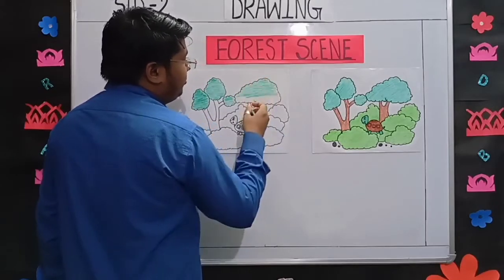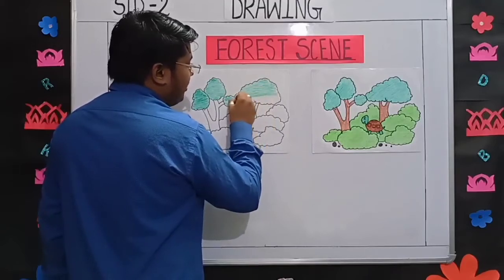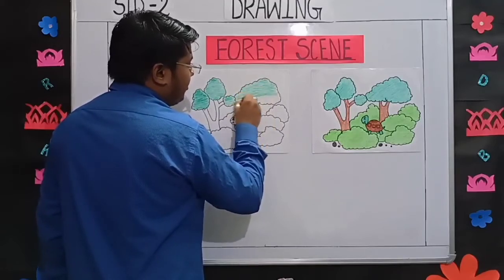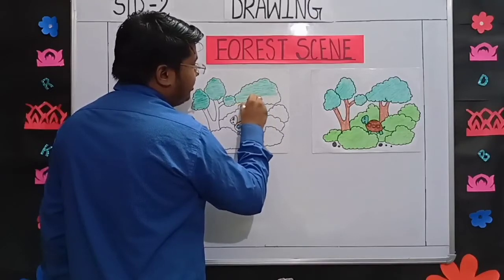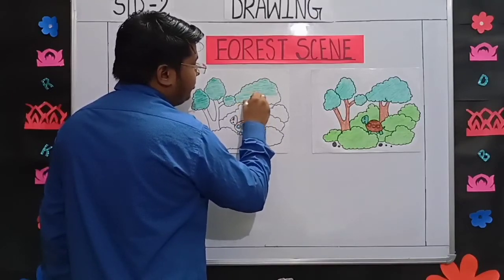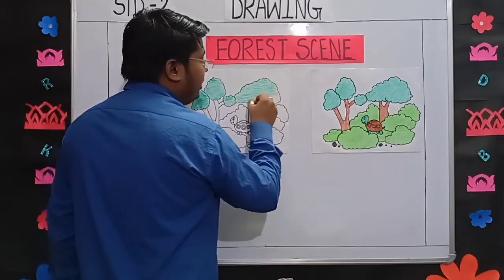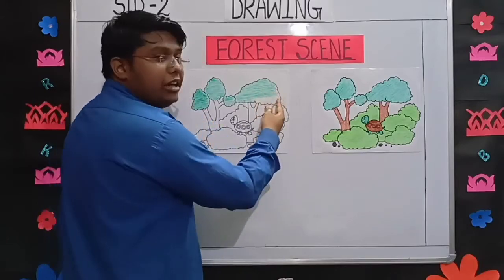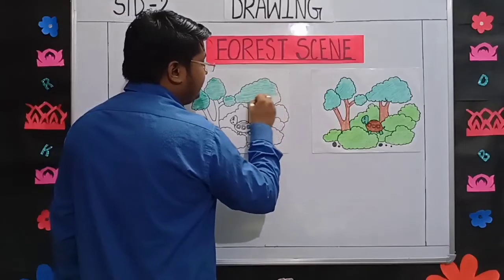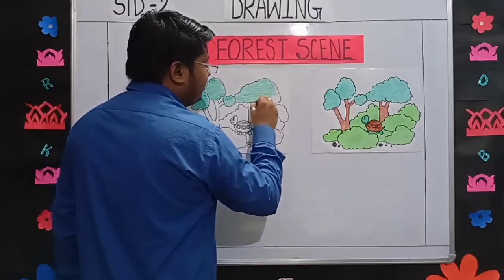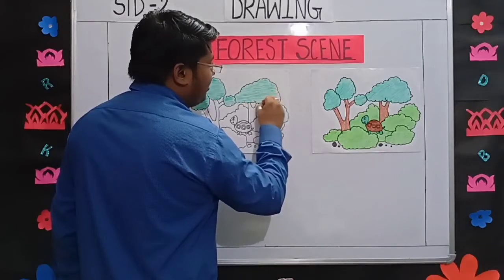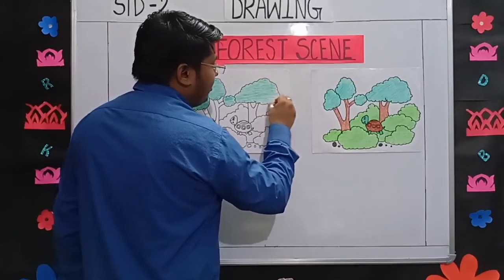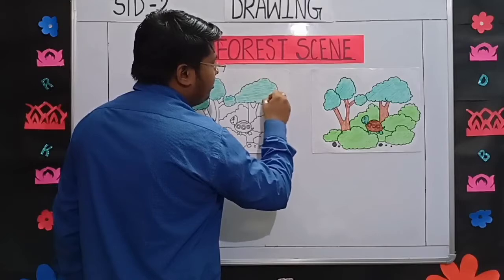You just have to color it once again. You have to color slowly when it comes to the edges, the outer line. Don't rush or it will make your picture untidy and it will not look good.